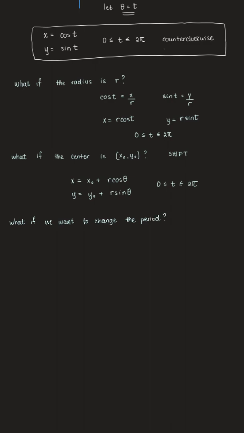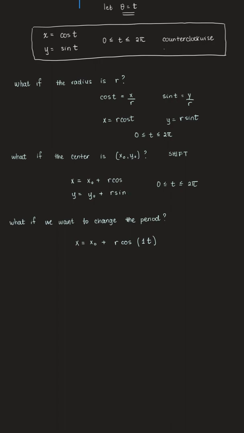Let's start with x. When we just have x equals x sub 0 plus r cosine of 1t, I just saw my mistake up here, that should be a t, and that should be a t.